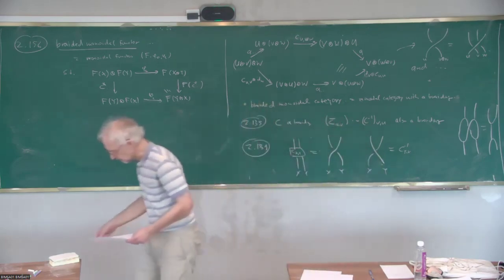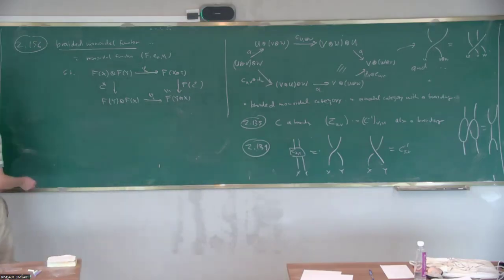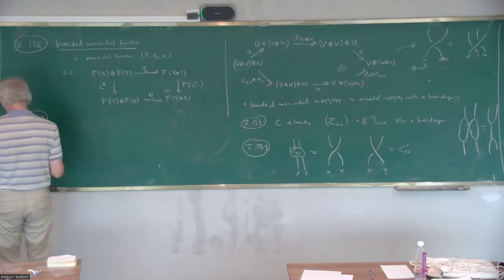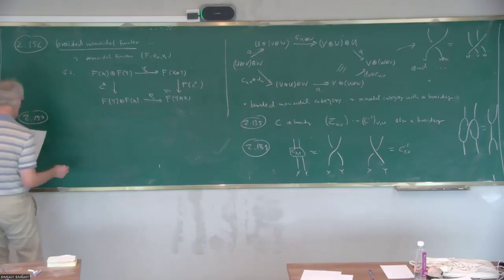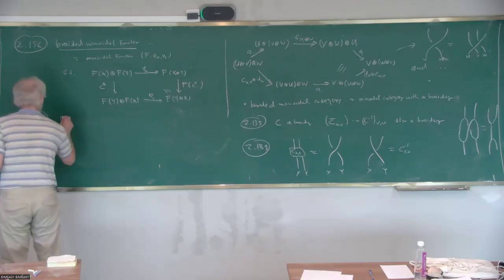How is this related now to Hopf algebras in the case of vector spaces? I have to do this briefly. There is a notion of a quasi co-commutative bialgebra.